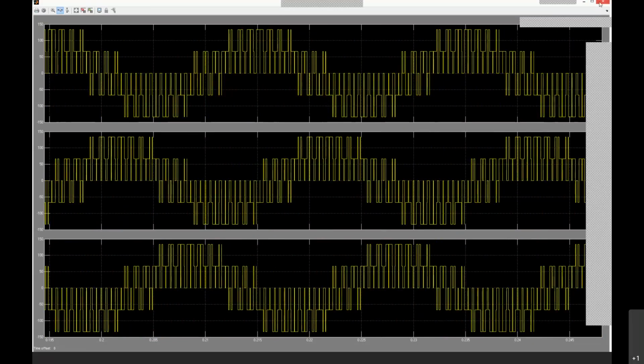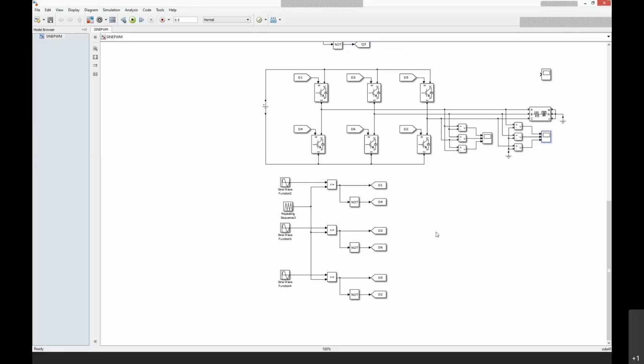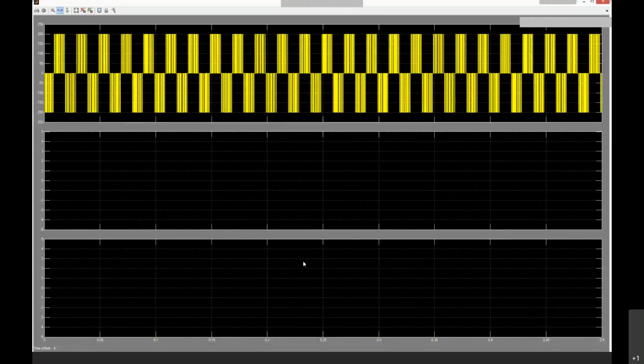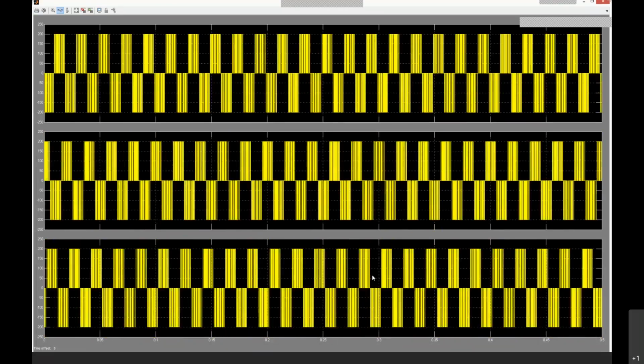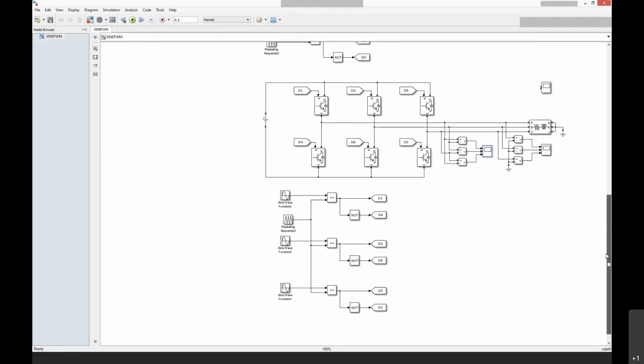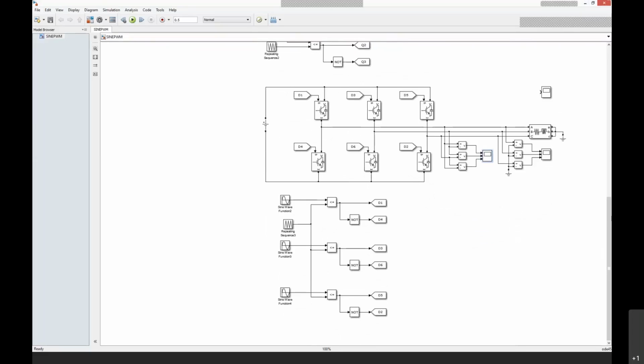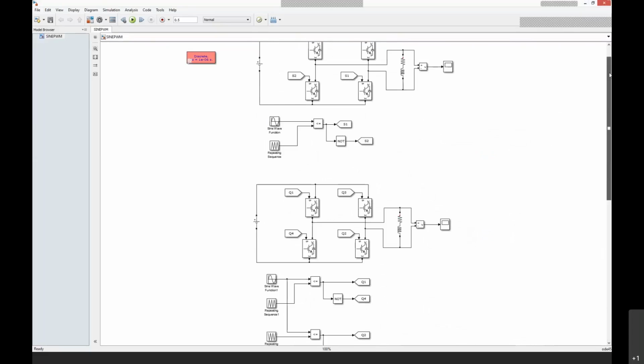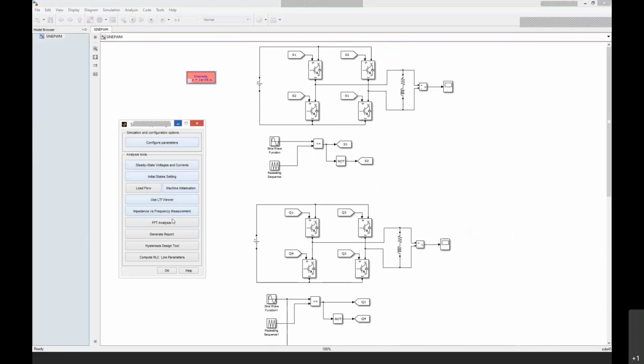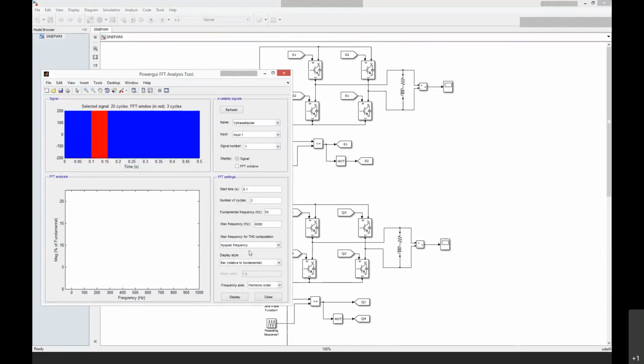So in general, for three phase two level, we are more concerned about the line voltage. So these are the line voltages of three phase, which are changing from level to level.